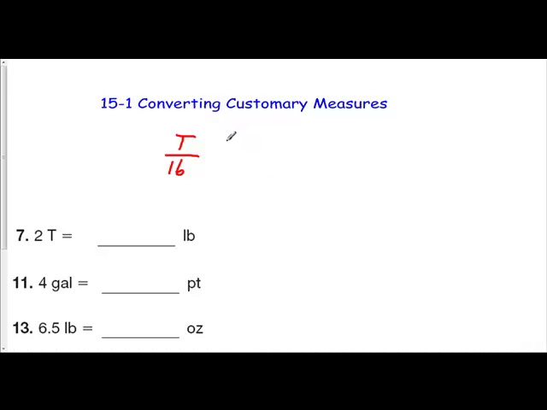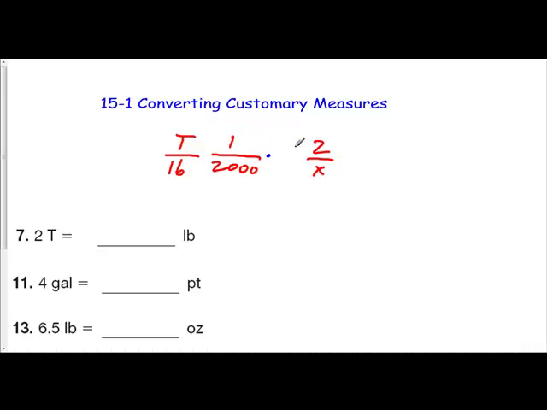So our unit rate is 1 ton equals 2,000 pounds. But they want to know how much it is for 2 tons. So 2 tons equals X amount of pounds. Well, pretty much we can solve this by cross multiplication, but since we have a unit rate here, it might just be simpler to multiply.